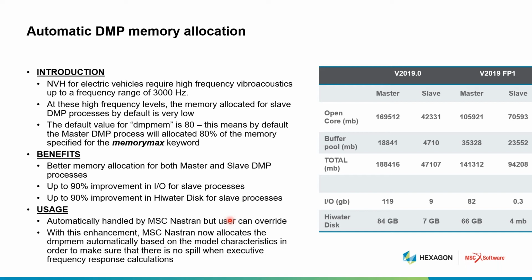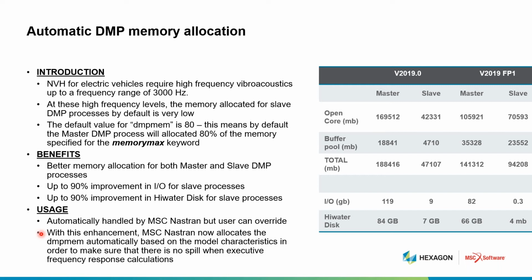This means that by default, the master DMP process will allocate 80% of memory specified for the memory max keyword. The benefits of this are better memory allocation for both master and slave DMP processes, and 90% improvement in IO for slave processes, and 90% improvement for high water disk for slave processes as well. And again, this is automatically allocated by MSC Nastran, so no user input is required.